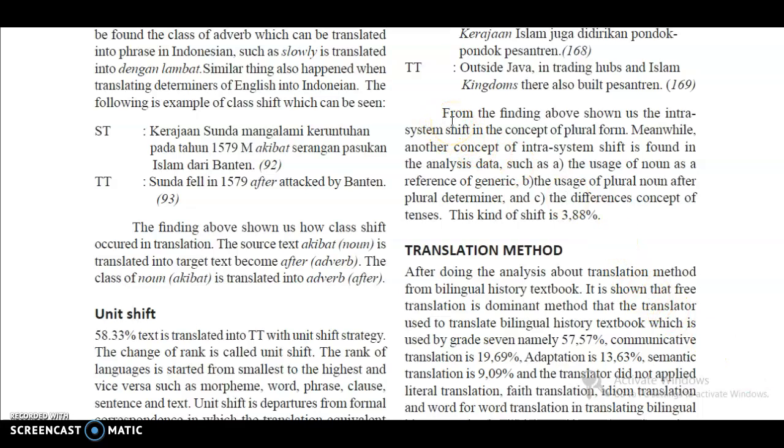From the finding above, we see intra-system shift in the concept of plural form. Meanwhile, another concept of intra-system shift found in the analysis data is the usage of a noun as a reference of generic. So this is another part of this research.